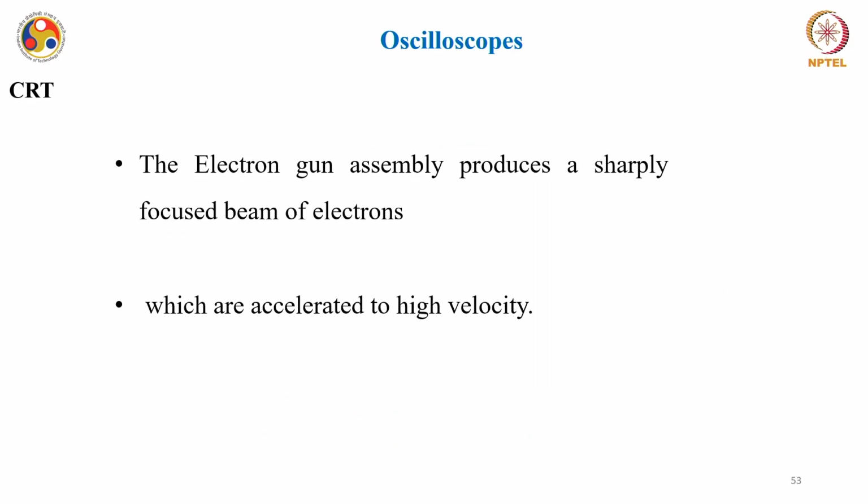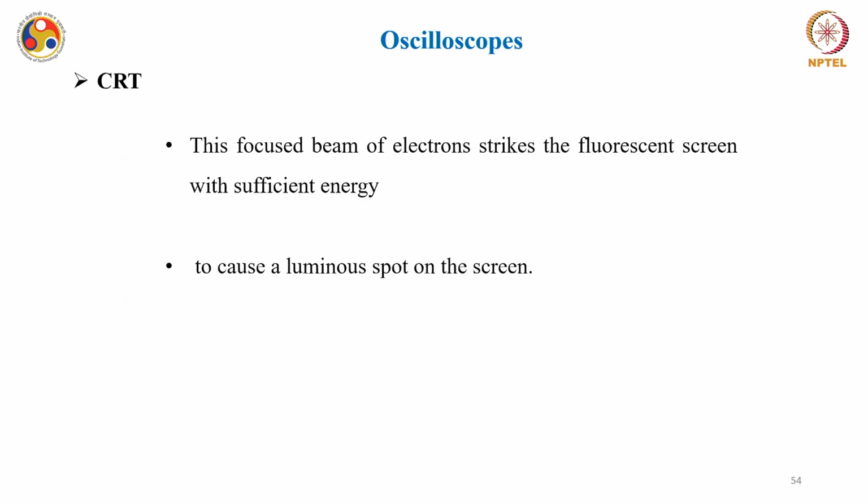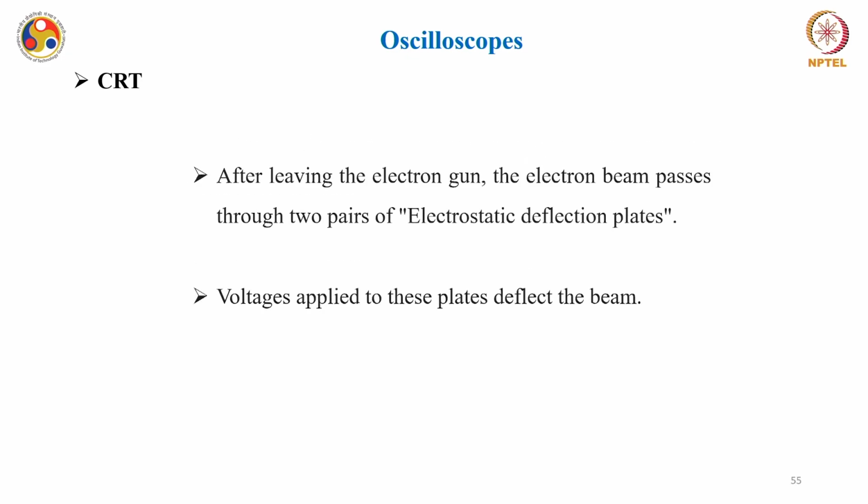So the electron gun assembly produces a sharp focused beam of electrons, which are accelerated to high velocity using the arrangement of these anodes. This focused beam of electrons strikes the fluorescent screen with sufficient energy to make it glow, and you have a luminous spot on the screen.